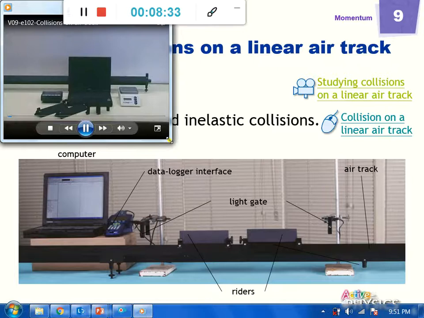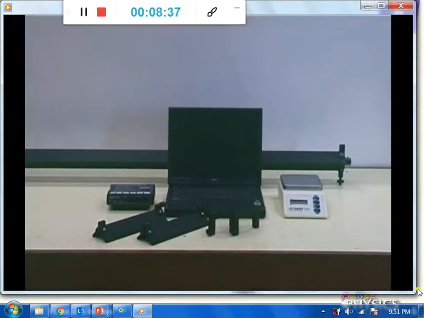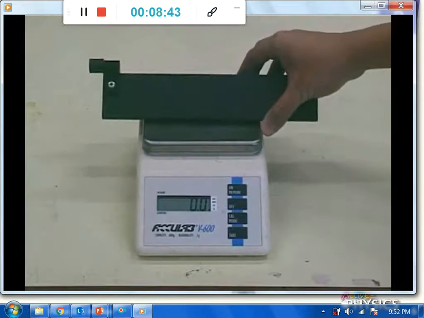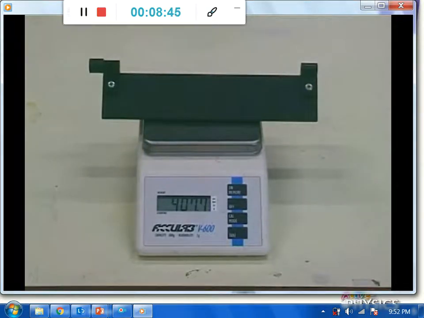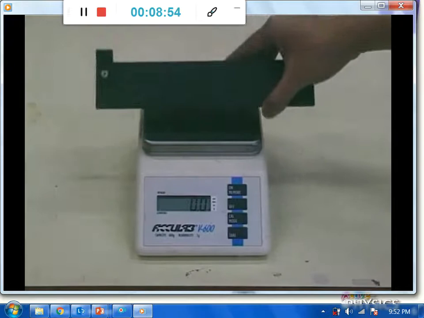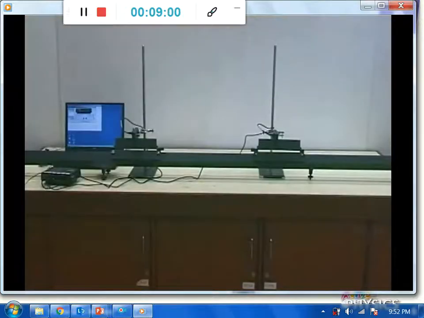We can use the apparatus shown to determine whether momentum is conserved in a collision. First, measure the mass of each rider. Then, set up the apparatus as shown.